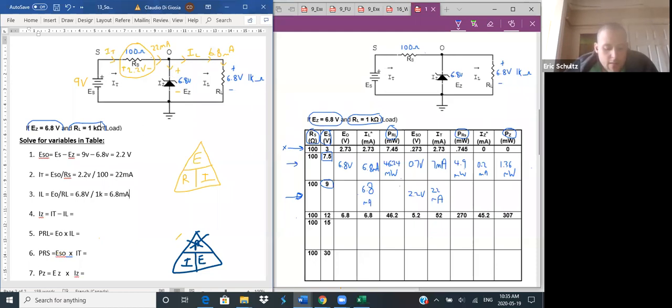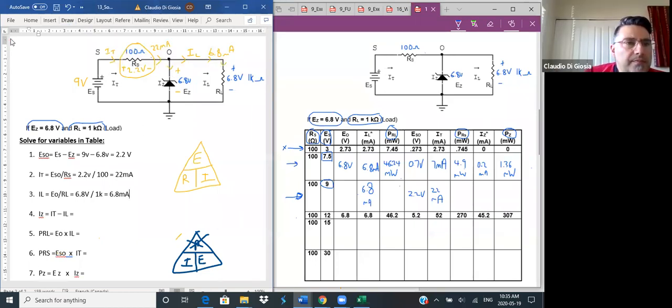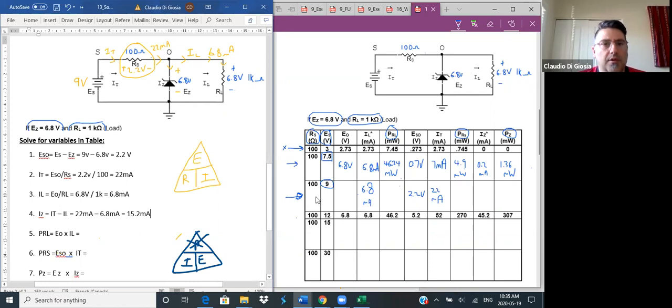So that's how we solve for IZ. IZ is equal to IT minus IL. IT was 22 milliamps. We're going to subtract 6.8 milliamps. So 22 milliamps minus 6.8 is 15.2 milliamps.